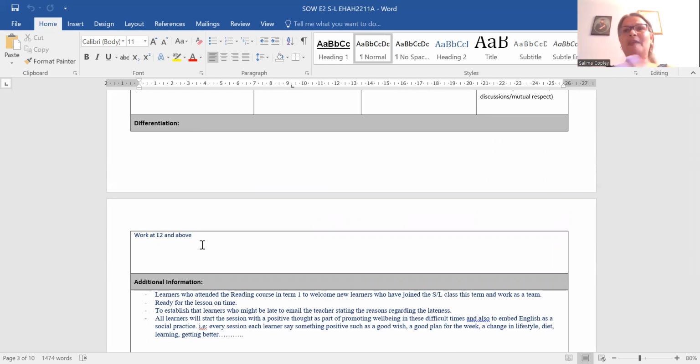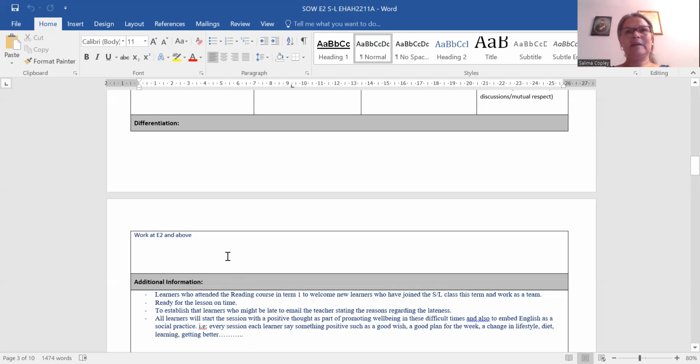But you only know that after meeting the learners, probably in week 2. That's the reason why I didn't write much here. The only thing I wrote is work at entry 2 and above, because I didn't meet the learners yet. Once you meet the learners, your vision is clarified, so you know who needs what, and that's the differentiation.